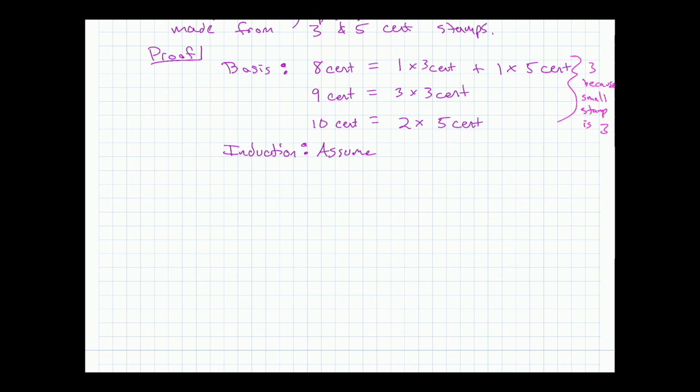So assume that, first of all, K is 10 or bigger, and that all postages from 8 up to K can be made from 3 and 5-cent stamps.